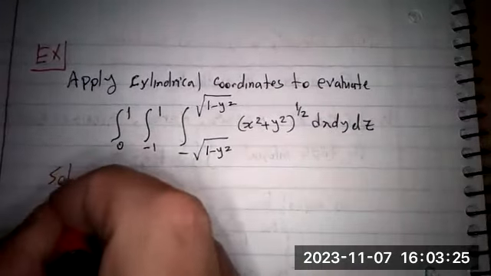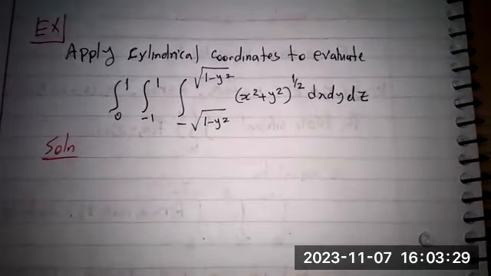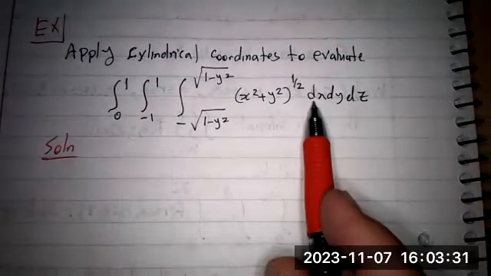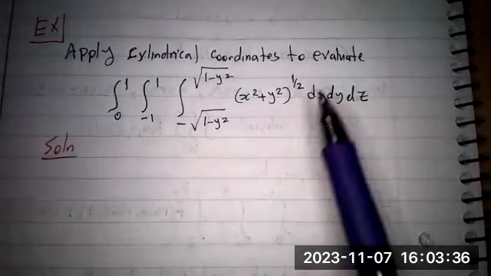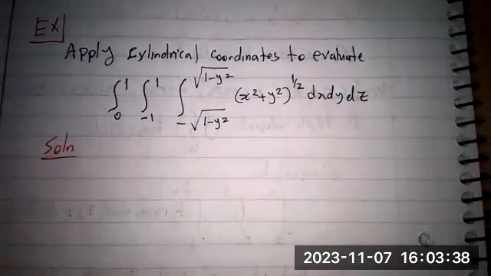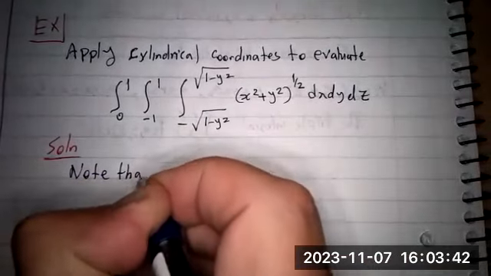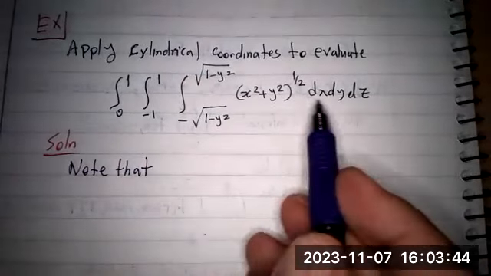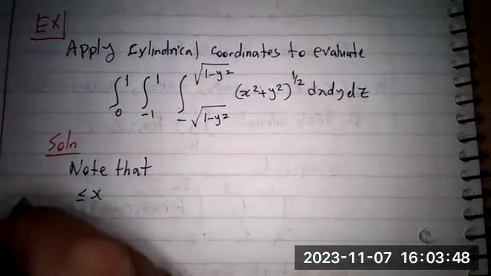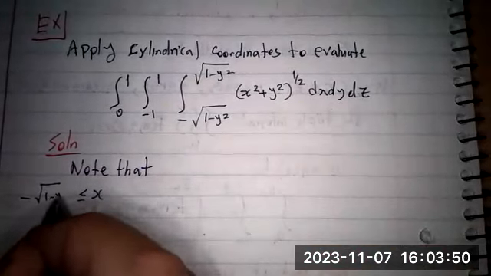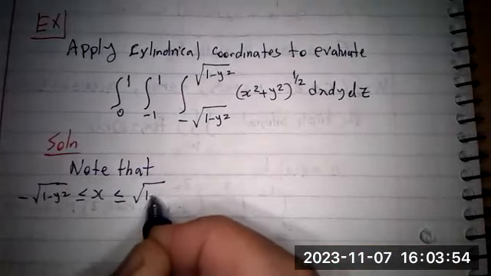Solution. So introduce this region to yourself. Just read these numbers that you have. As I talk about it, this is x. So note what I have in rectangular coordinate. x is greater than or equal to negative the square root of 1 minus y squared, and less than or equal to the square root of 1 minus y squared.